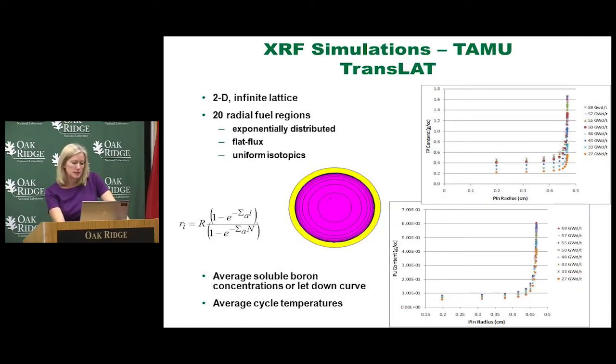Part of what we did was, if you're familiar with spent fuel, you realize that most of the plutonium is produced on the outer surface of the fuel pellet, which will skew our results. As you can see in the bottom plot, this is the radial profile of the fuel pellet. Here's the center of the fuel pellet, and here's the outer edge.